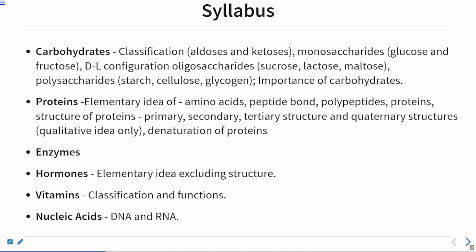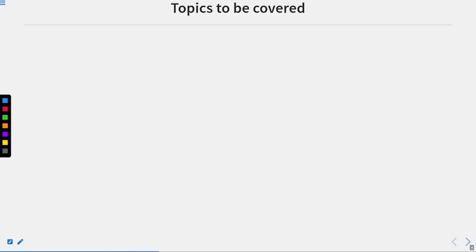So if I talk about the syllabus, right now we are here, that is in glucose. If I talk about the topics, we will see what is the cyclic structure of glucose. After that we will see how the cyclic structure is formed.